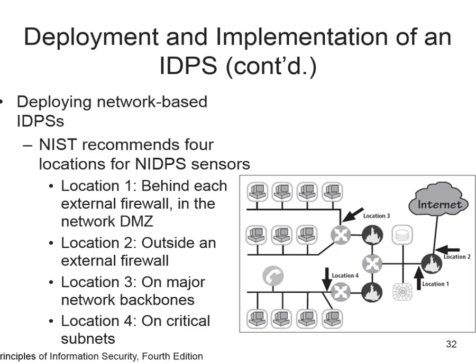Location number 2 is outside an external firewall. At this point, the IDS documents the number and types of attacks originating on the internet that target the network. The third location is on major network backbones.